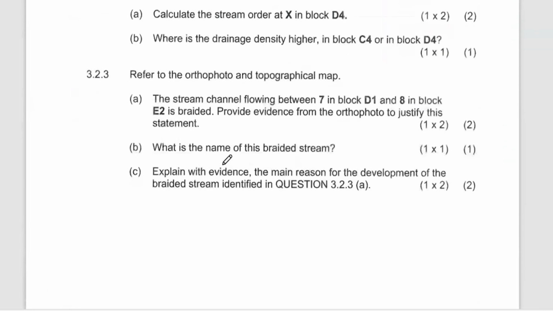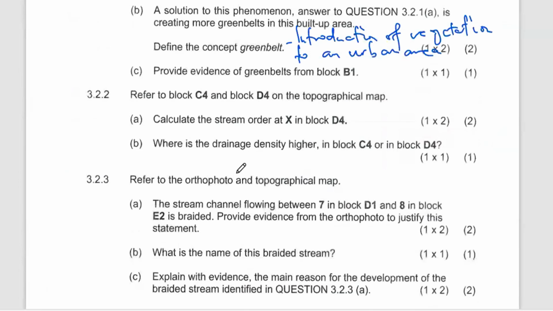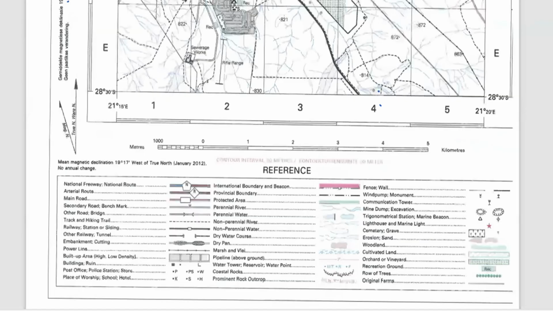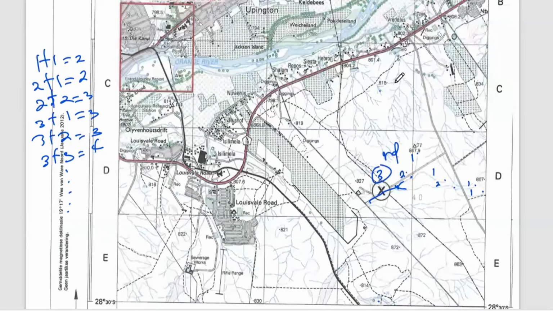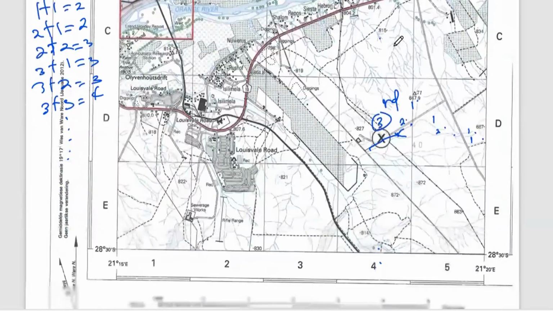The next question says, where is the drainage density higher, in block C4 or D4? Let's check C4 and D4. Right, block C4 is this one, and block D4 is this one here. Let me erase this.